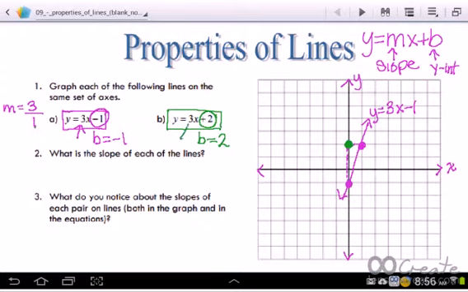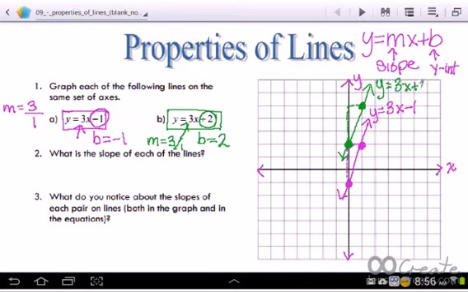Then we are going to look at the m value, and in this case, it's also 3, which we write as 3 over 1. So from that green dot, we're going to go up 3, so a rise of 3, a run of 1, put a second dot, connect them, and label it with our equation.